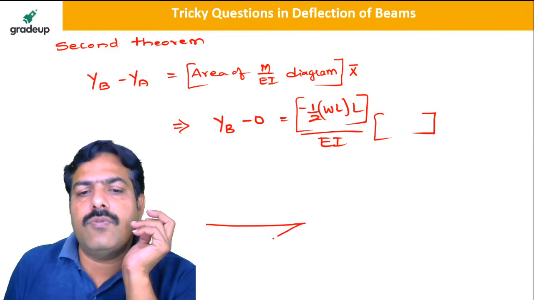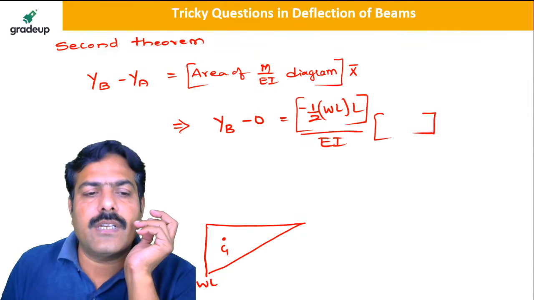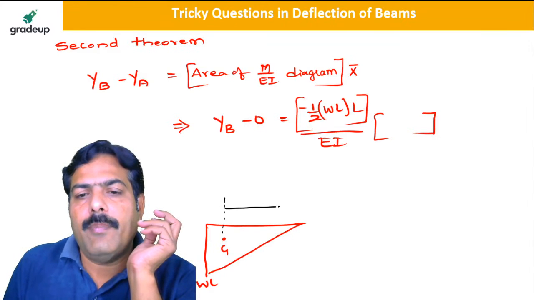You see that this is the bending moment diagram, my dear friends. So your centroid point is somewhere here. The distance of the centroid point from the apex is 2L by 3, and the distance from the base is L by 3.